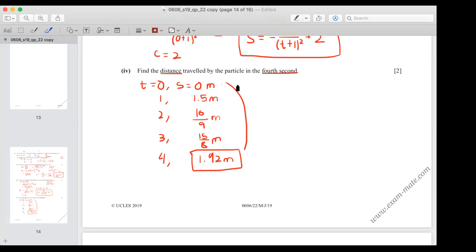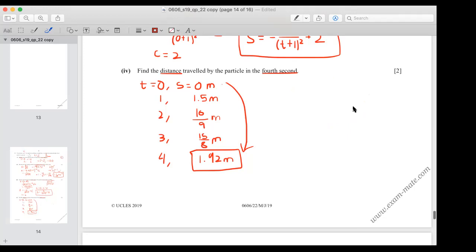But right now, coincidentally, they are all ascending, so it's safe to say that this is the distance traveled because there's no going back and forth. It's all just moving forward. So this is our distance.